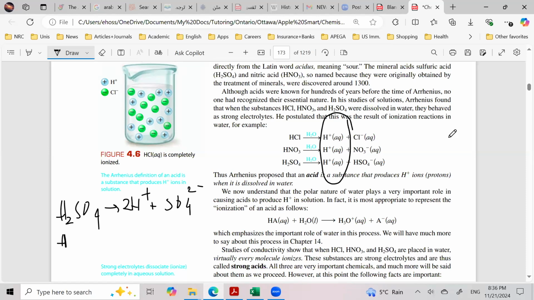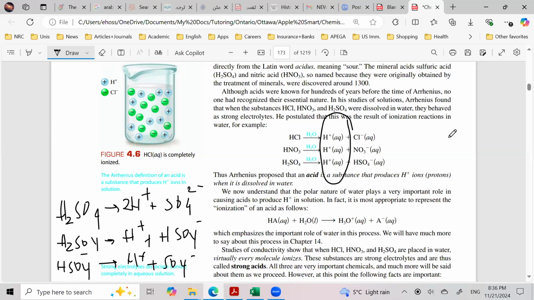In stage one, sulfuric acid loses one hydrogen first in water, so another hydrogen is attached. And in stage two, it's HSO4 minus, which is bisulfate, if you remember the name, and it is going to lose another hydrogen and turns into SO4 2 minus, which is this guy. So this is in two stages, stage one, stage two.